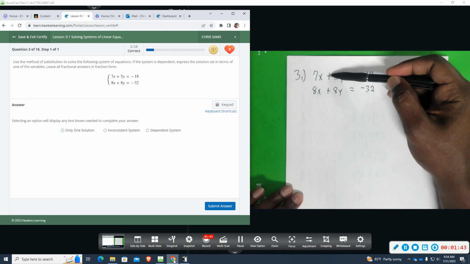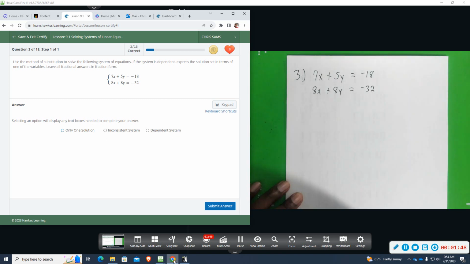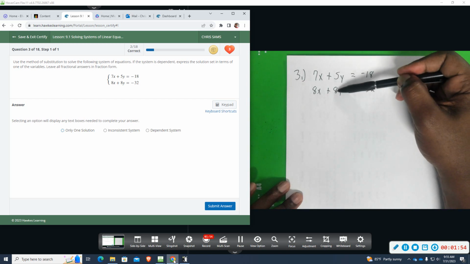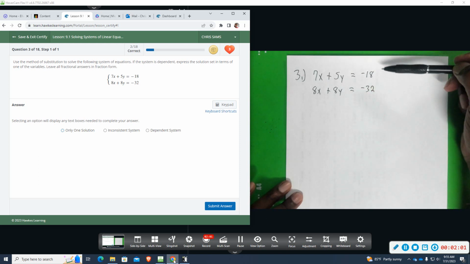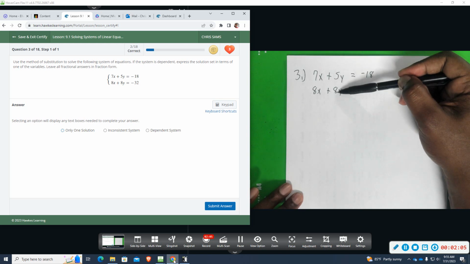So I need one of them to be positive, one of them to be negative. So when I add these equations up, something gets eliminated. So right now, I know that 8 times 5 is 40. So I can make both of these numbers equal to 40. And if I multiply one of them by a negative, then one of them will be negative, one of them will be positive. So that's what I'm going to do.